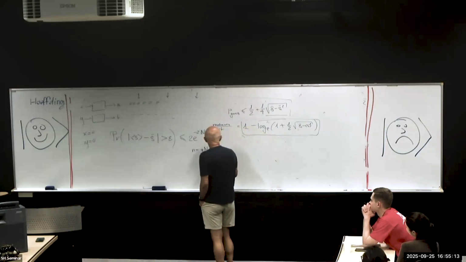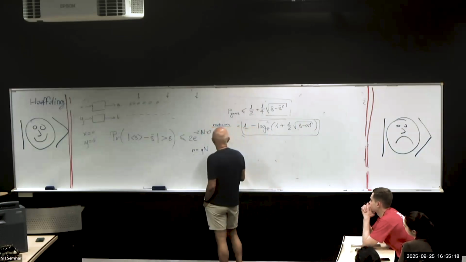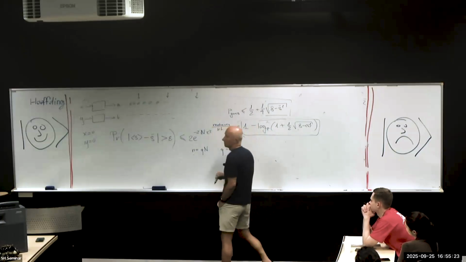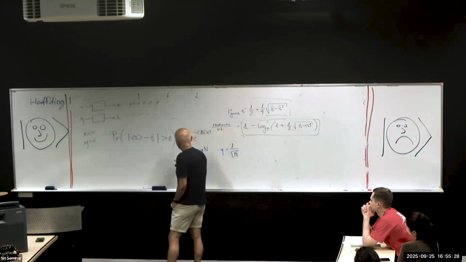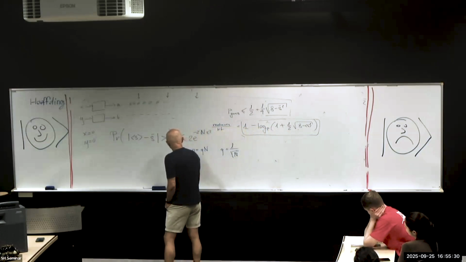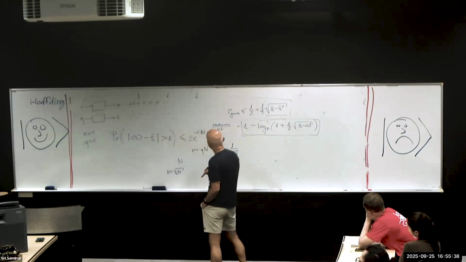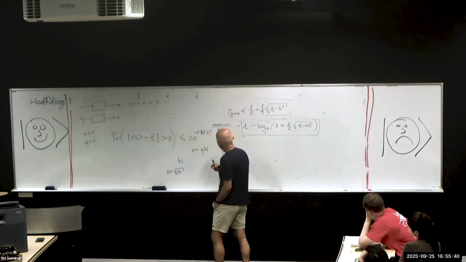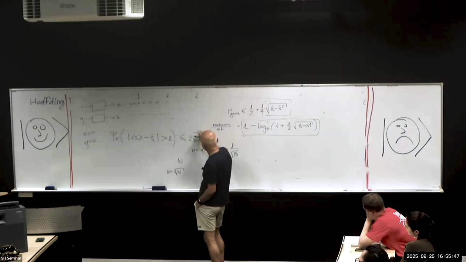So q, let me take q, which is 1 over square root of N. In other words, my big N, my small n, the number of those that I take to the test, goes like the square root of N. So this is the number of things I'm going to take for the test.